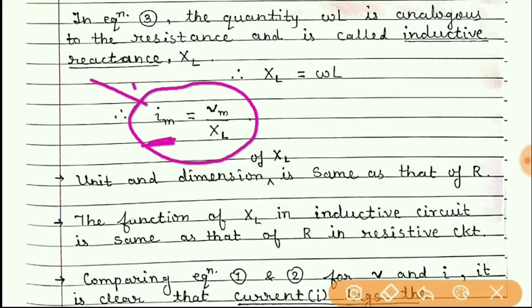Maximum current means it is the peak value of current, or the amplitude of current. We know that current changes from 0 to its maximum value, once again becomes 0, then negative maximum, once again 0. So this value of current is Im.